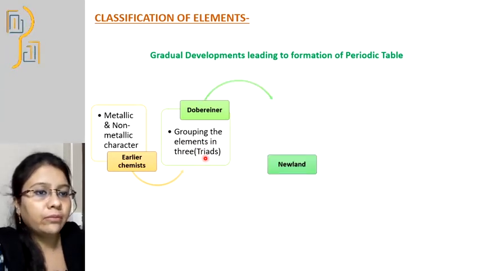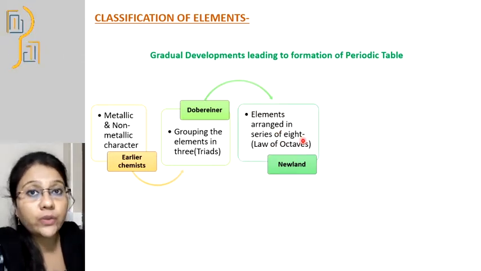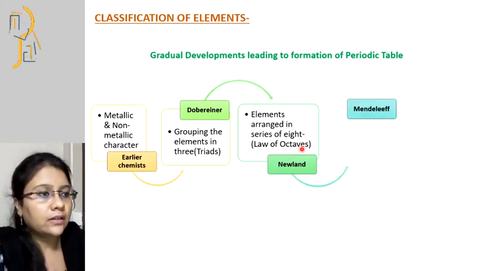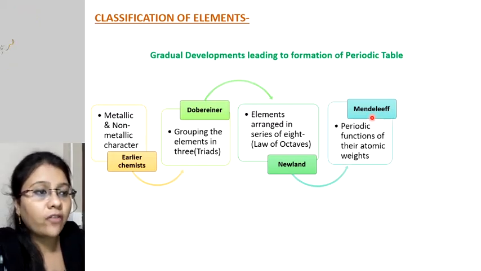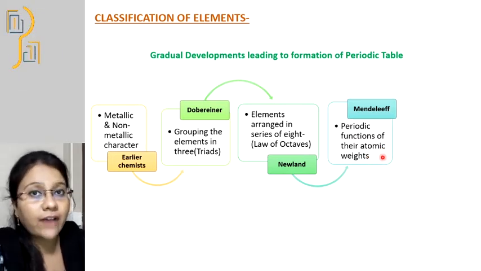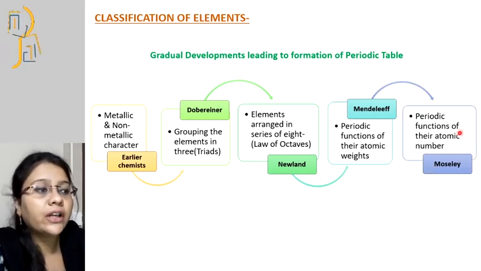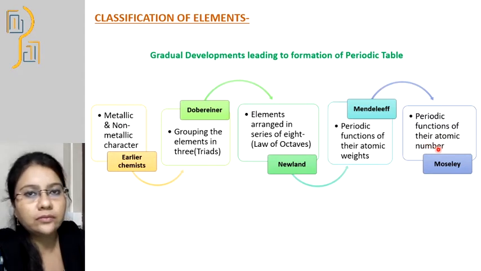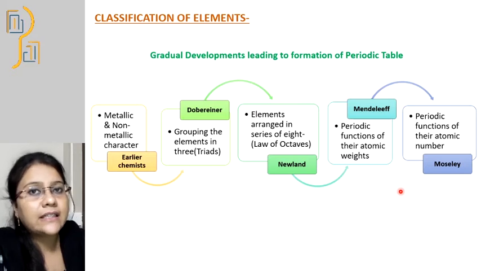Then Newlands came, who said that the elements can be arranged in series of 8, which is called the law of octaves. After that, Mendeleev said that the properties of elements are the periodic functions of the atomic weights. But this underwent some reformation, and finally Moseley told that the properties of elements are the periodic functions of the atomic number. We will study all of them in the upcoming slides in detail.